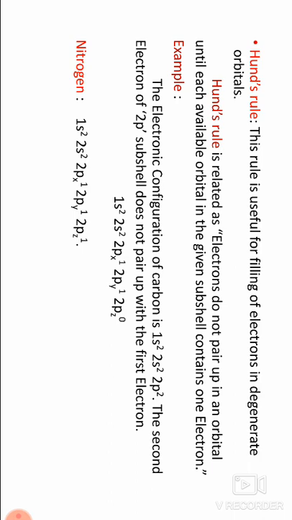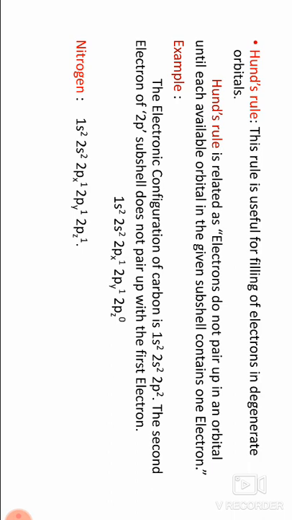Therefore, an electron from 4s orbital is transferred to 3d orbital, so that the d orbitals become completely filled. The observed electron configuration of copper is 1s2, 2s2, 2p6, 3s2, 3p6, 4s1, 3d10, or Argon 4s1, 3d10. So copper gains extra stability with d10 configuration.